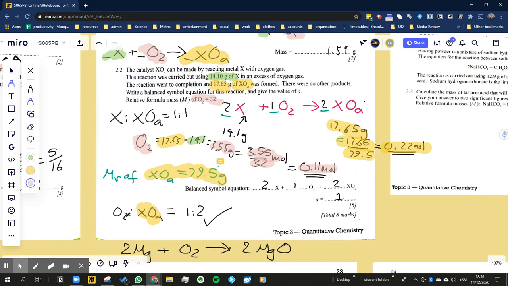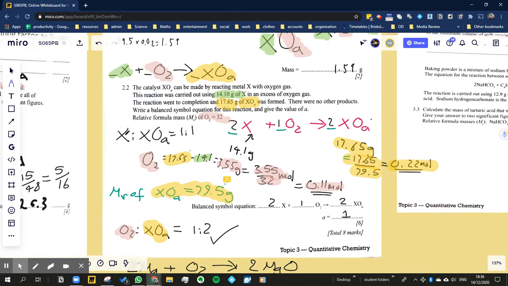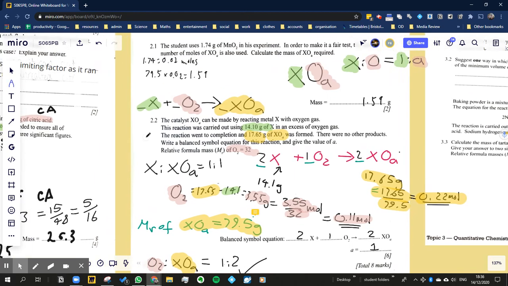We saw that the ratio of moles of oxygen to XOA is 1 to 2, and we know already that the ratio of X to XOA is 1 to 1.